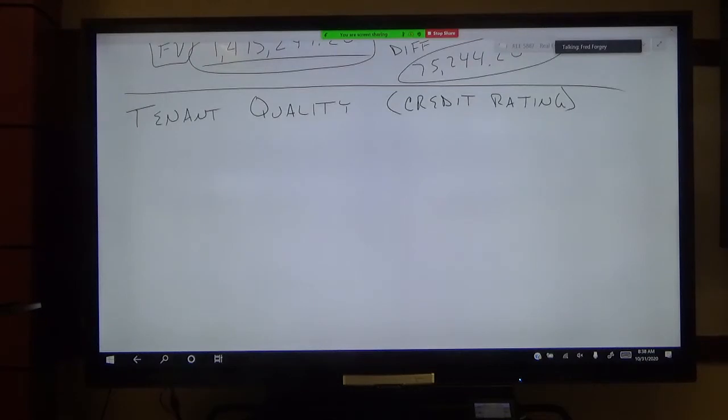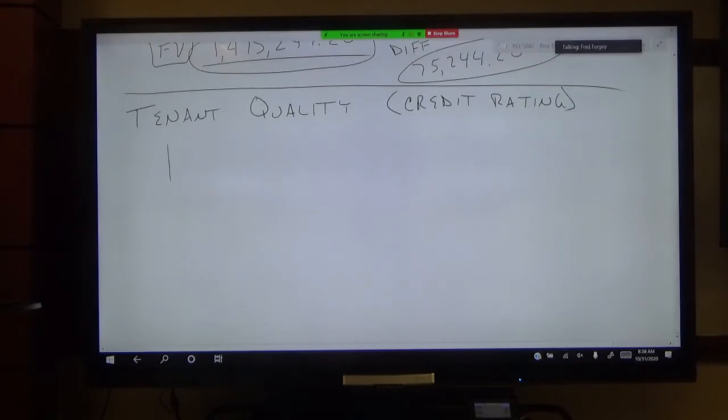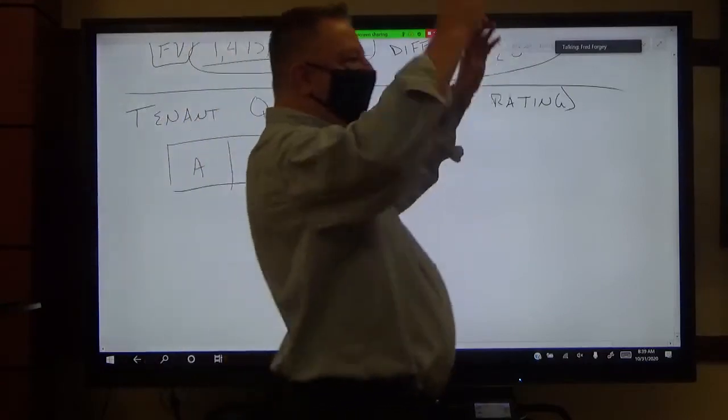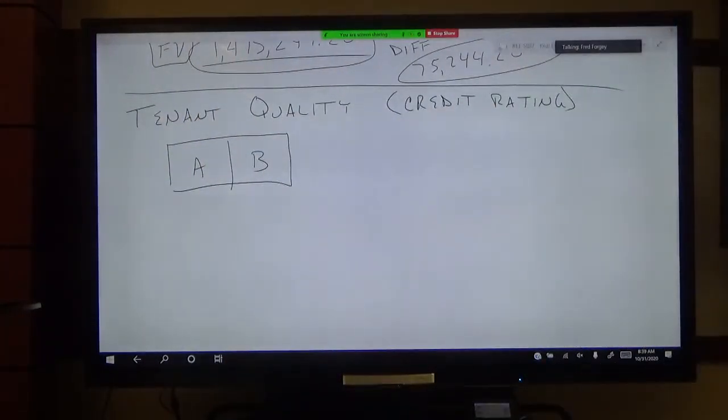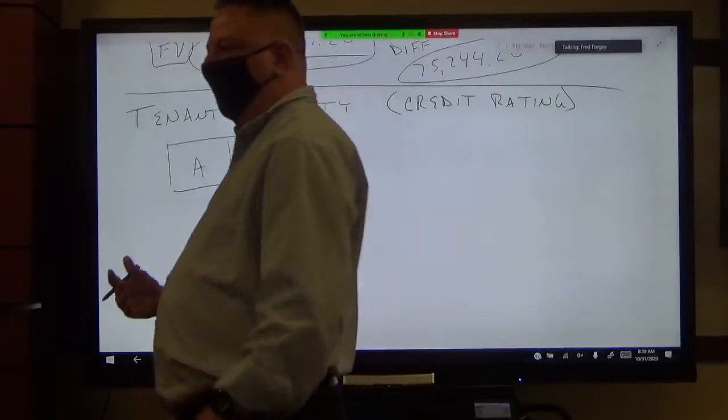So for example, let's say that we've got, whether it's a shopping center or an office building, two tenants, tenant A and tenant B. Tenant A, excellent credit, excellent history, long time in business, virtually recession-proof, hopefully in this context, COVID-proof, and so it's a very, very strong tenant in terms of the quality of their credit and their background and operating history.